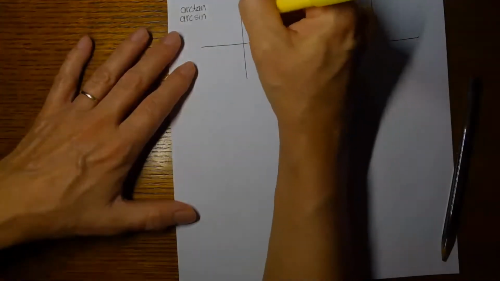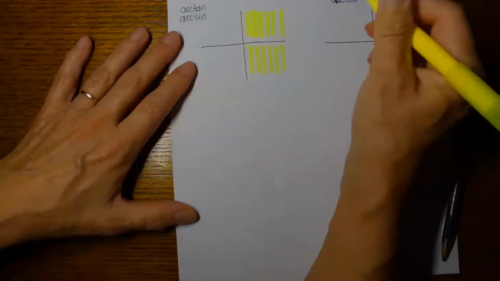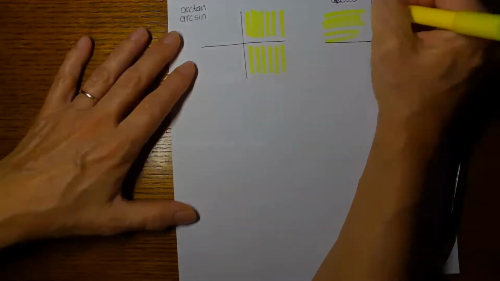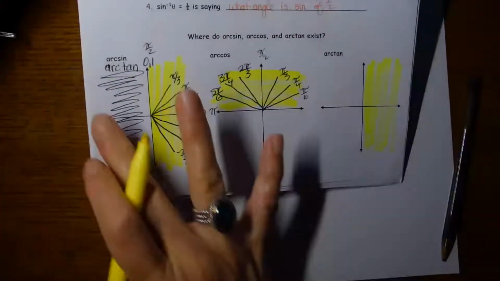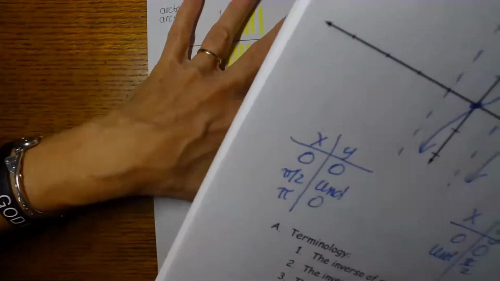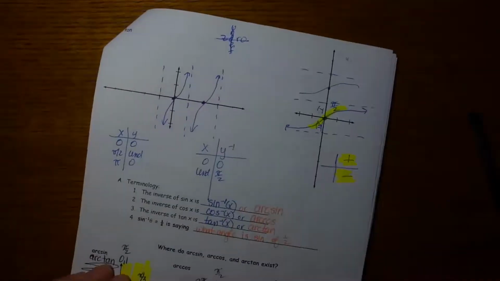So make yourself a brain. I'm not going to take time to do that now because we did it in your notes, but add that to your brain because you need to be able to look at that while you do homework.